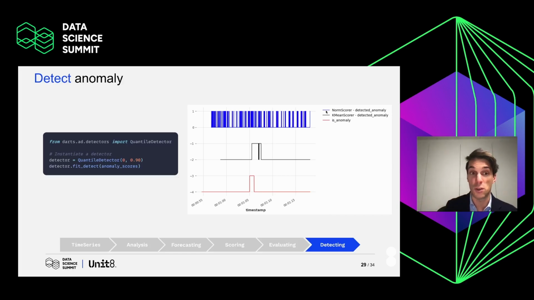We see that the norm scorer with these parameters is performing quite poorly, and visually it was quite clear that it is not able to distinguish between the anomalies, while the k-mean scorer is able to identify with these parameters where the anomaly actually occurred. Obviously this was just for illustration purposes, and extensive hyperparameter tuning and evaluation needs to be done.